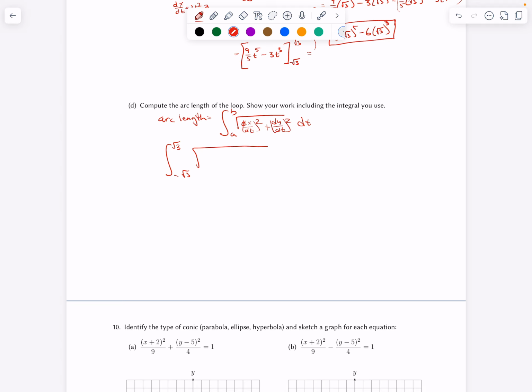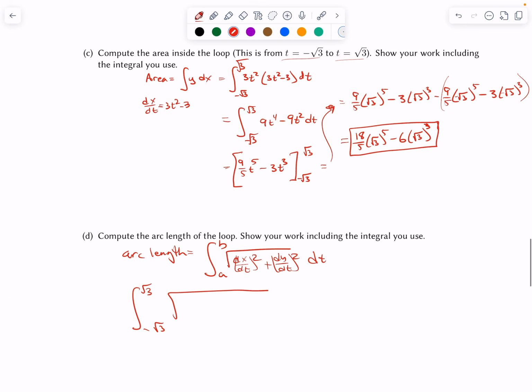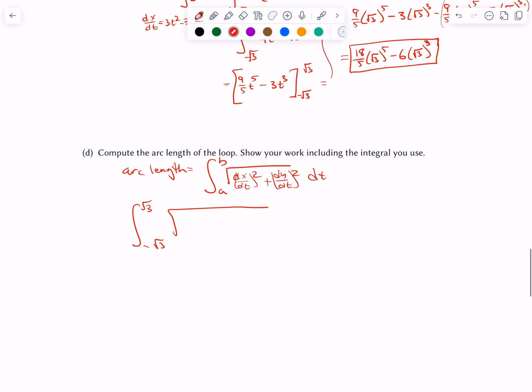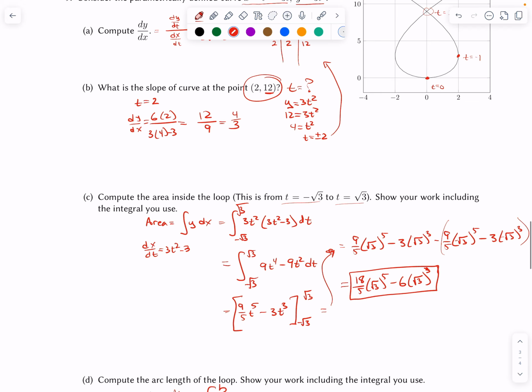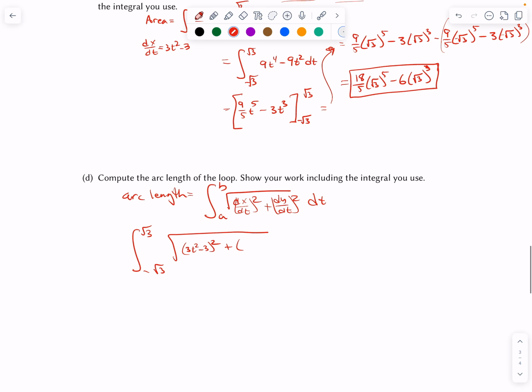So this is going to be the derivative in the x direction, 3t squared minus 3, and then the derivative in the y direction, which is the derivative of 3t squared, 6t.